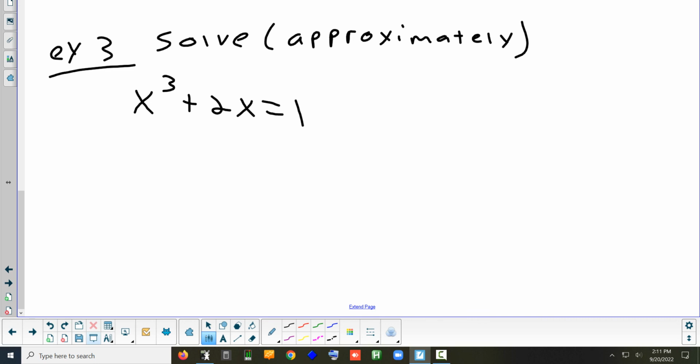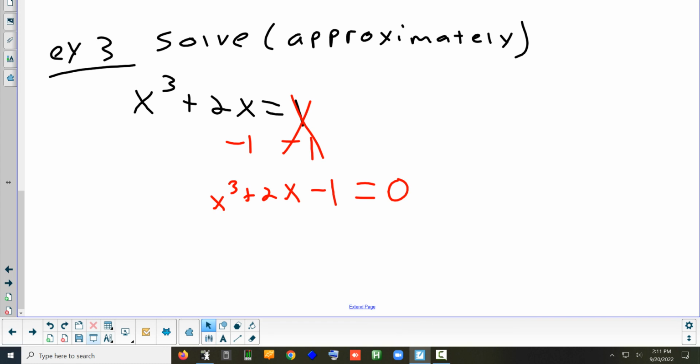And what would you subtract from both sides? The 1. Yeah, so we're just going to minus the 1. That's gone. So now we have 0. We've got x cubed plus 2x minus 1 equals 0. Since it's equal to 0, we are solving for the roots.